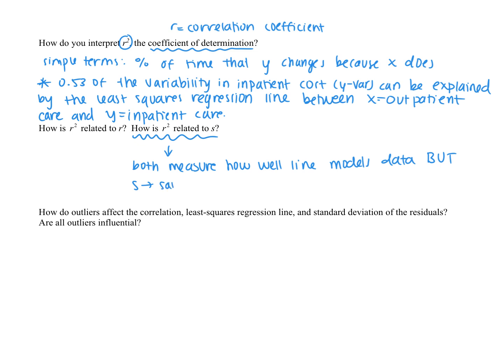S has same units as Y. R squared has no units because it's just standard. Neither of them address form. The only way to look at form is to look at a graph. The original scatter plot and a residual plot.